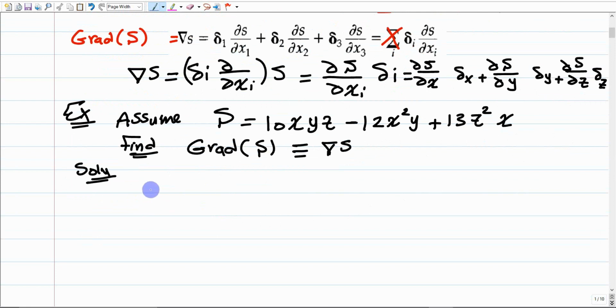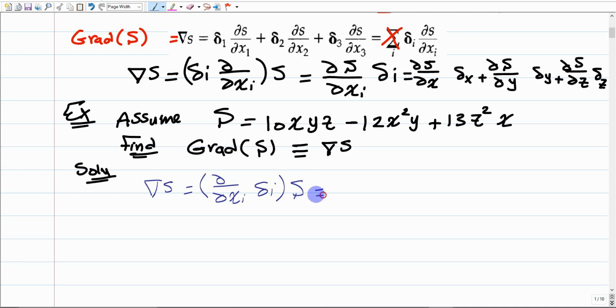We said that nabla S, which is the gradient of a scalar quantity, in the compact form is the partial derivative with respect to x_i delta_i. As I mentioned, it is fine to write delta_i before or after the partial derivative operator itself. Times S, which is just a scalar quantity.